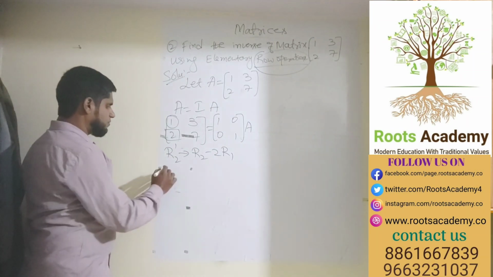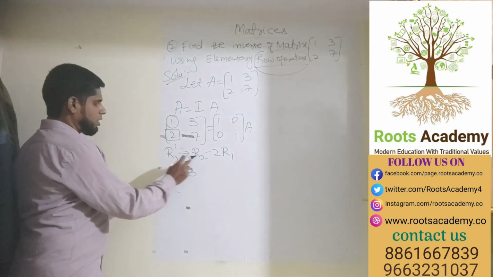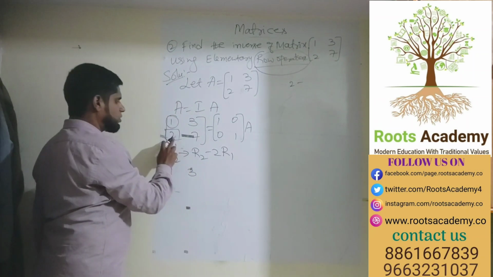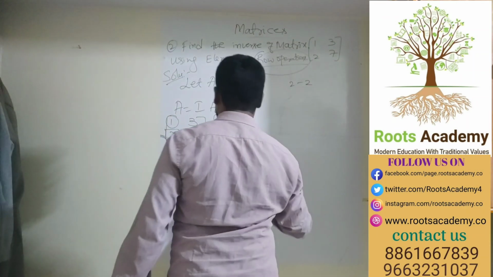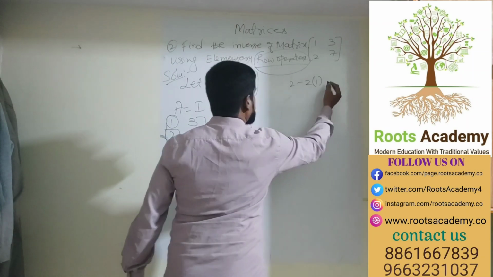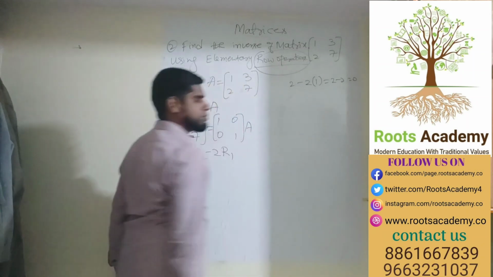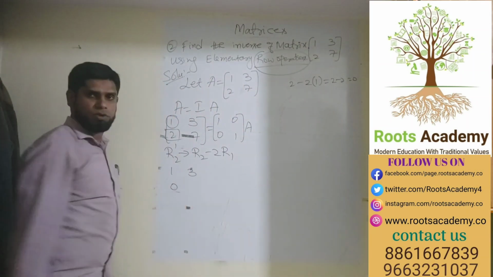Now what I am getting? First row as it is, no changes, 1 3. Now 2 minus 2 times R1, corresponding to this R1 is 1. So this is 2 minus 2, answer is 0. Okay, I got 0 here.